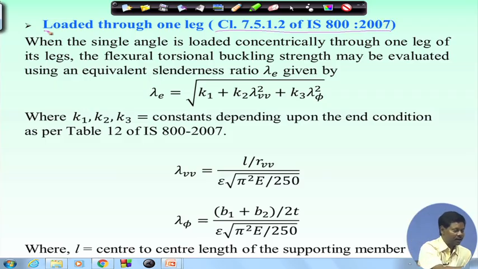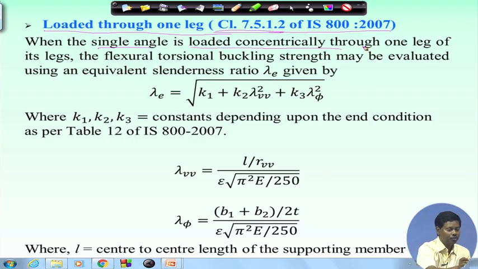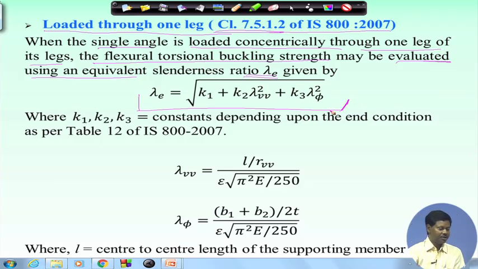When loaded through one leg, if the angle section is loaded by the axial compressive load through its one leg, then in clause 7.5.1.2 it is told that when the single angle is loaded through one of its legs, the flexural torsional buckling strength may be evaluated using an equivalent slenderness ratio lambda e, where lambda e is expressed as lambda e equal to square root of k1 plus k2 lambda vv square plus k3 lambda phi square.